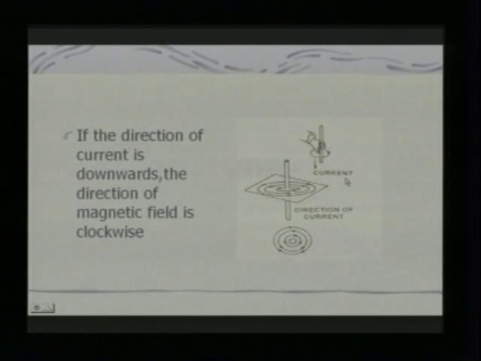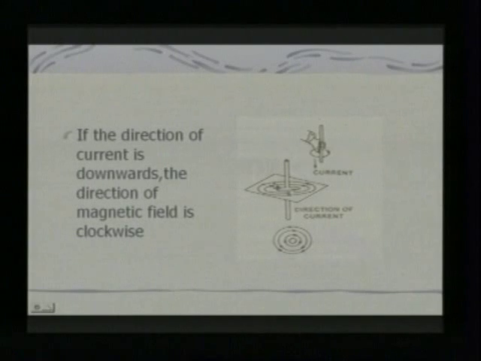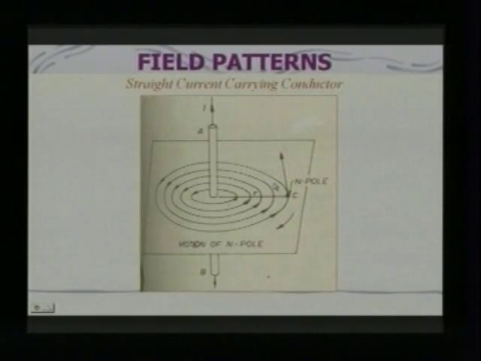We will see the other case, that is, if the direction of current is downwards, which is indicated by the thumb in the figure shown, then the fingers curling in clockwise direction indicate the direction of magnetic field. Now we will see the field patterns of different considerations.